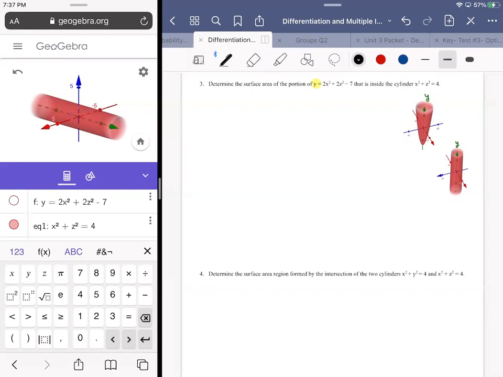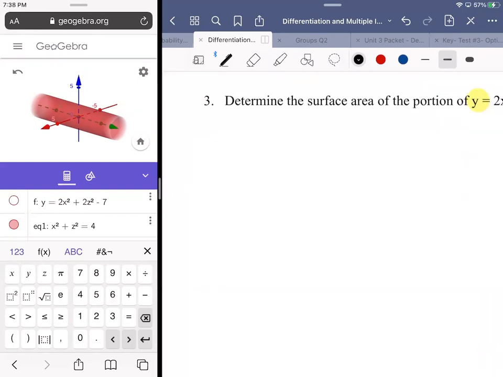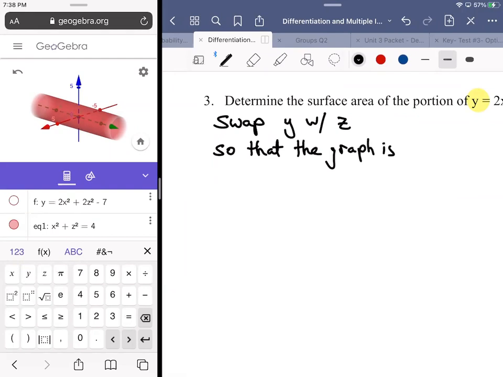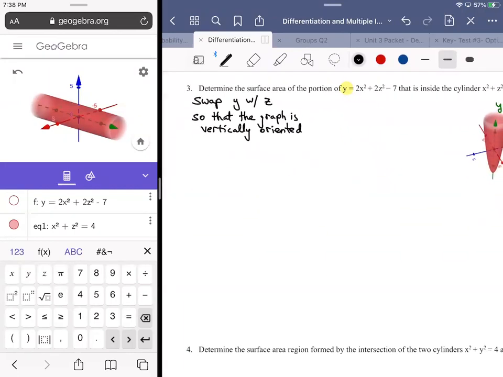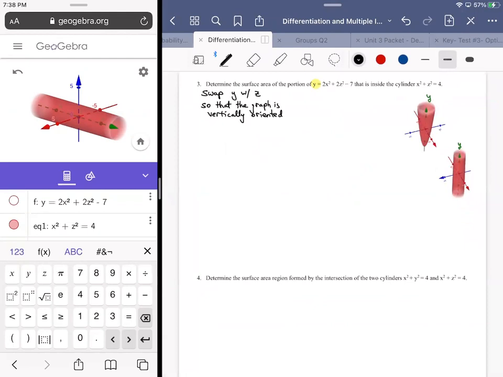So we're going to change our perspective here, and we're going to swap y with z so that the graph is vertically oriented, because the relationship would remain the same. If I change them both, it still has the same relationship with one another.